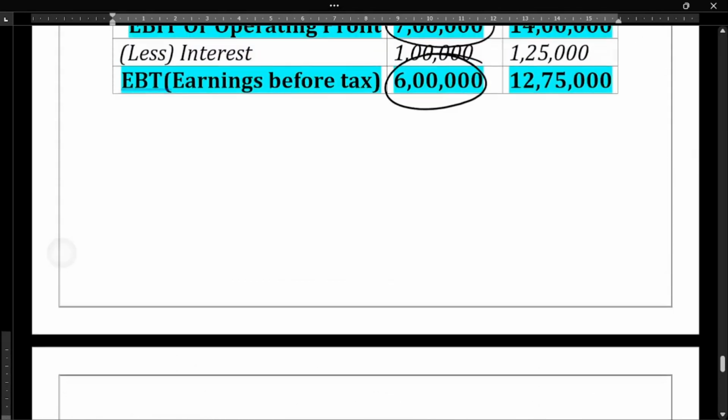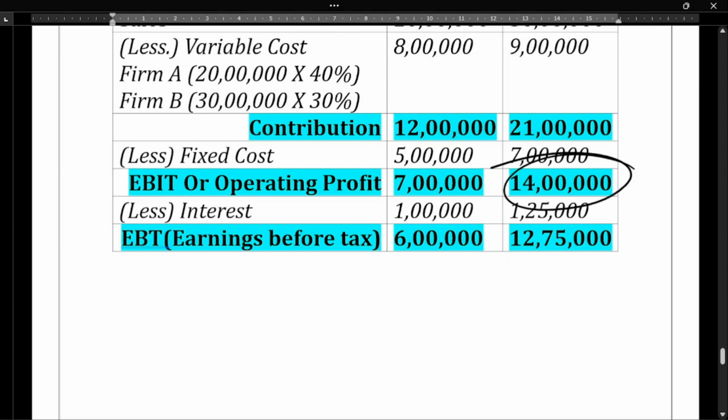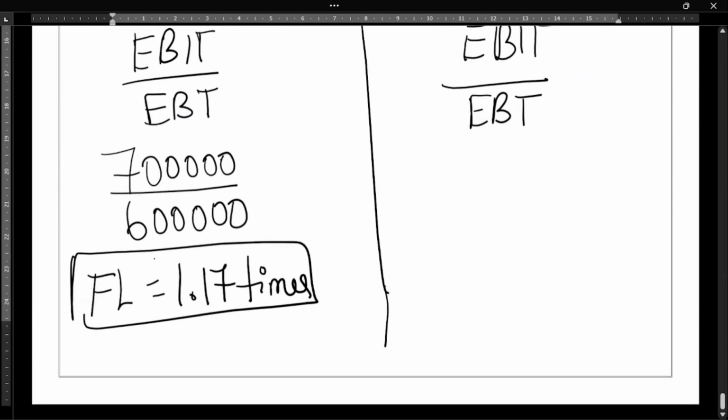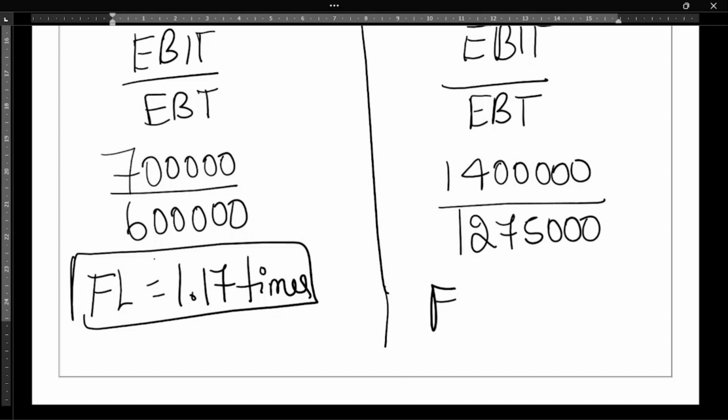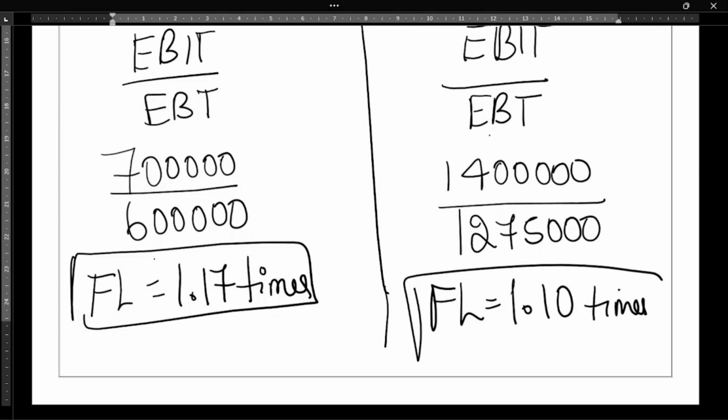Next, let us check for firm B. Firm B EBIT is 14 lakh. EBT is 12 lakh 75,000. So we need to divide 14 lakh by 12 lakh 75,000. When you divide that, we will get 1.10 times. So the financial leverage of firm B is 1.10 times.